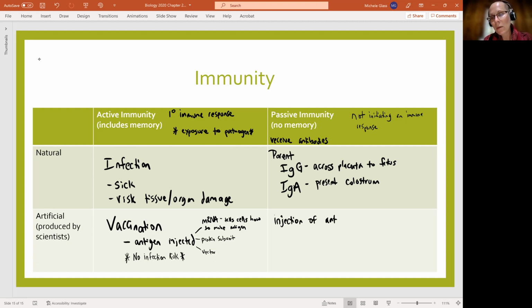One example that we've talked about already is the RhoGAM shot, which remember is going to bind to the Rh positive fetal red blood cell, preventing sensitization in the Rh negative pregnant person.